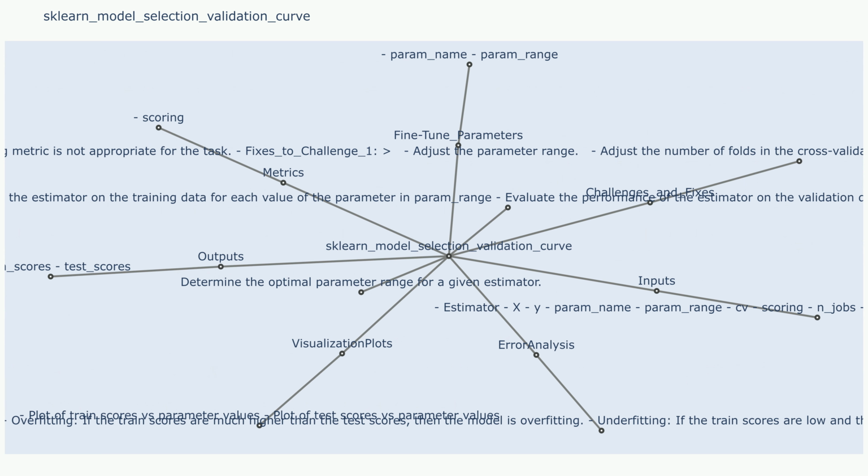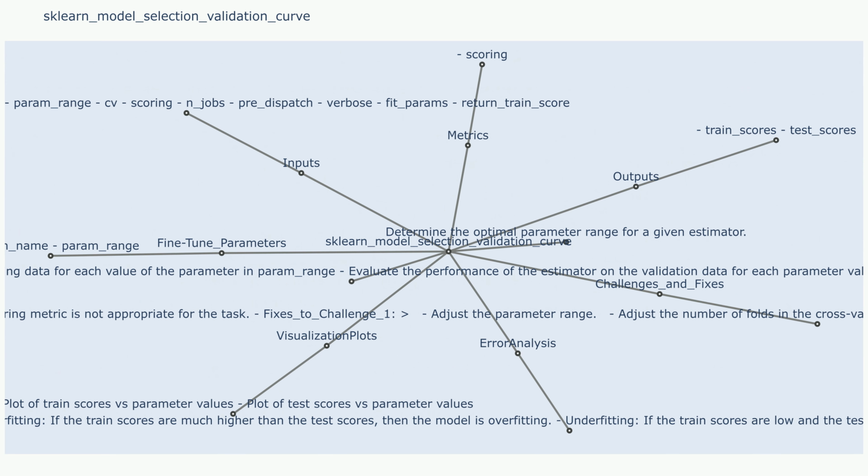Steps. Data preparation: the input data X, Y is split into training and validation sets based on the specified cross-validation strategy. Hyperparameter exploration: the function iterates through each value in the param range. For each value, it creates a copy of the estimator and sets the param name to the current value.